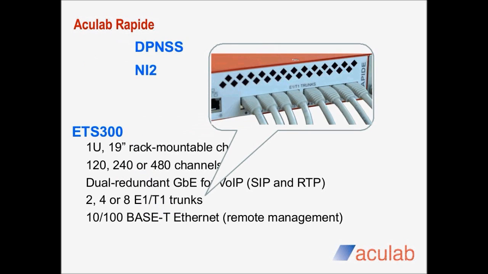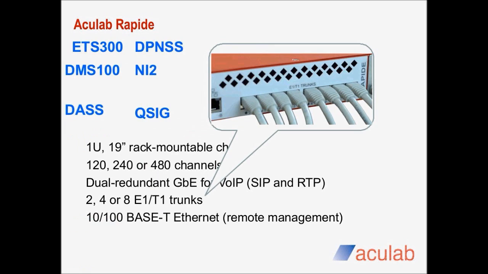And the protocols that you've just seen come up on screen are the protocols currently supported on the box. The box ranges from 120 to 480 channels, so you can share between the E1, T1 interfaces and also the SIP interface, the SIP resources. So you've got up to 480 channels that you can use on this box.